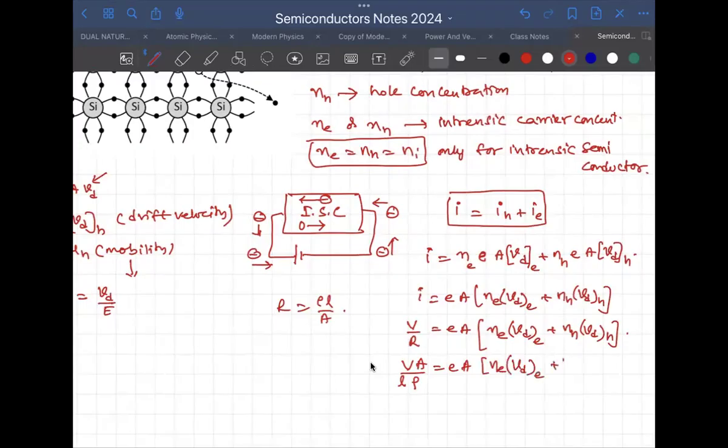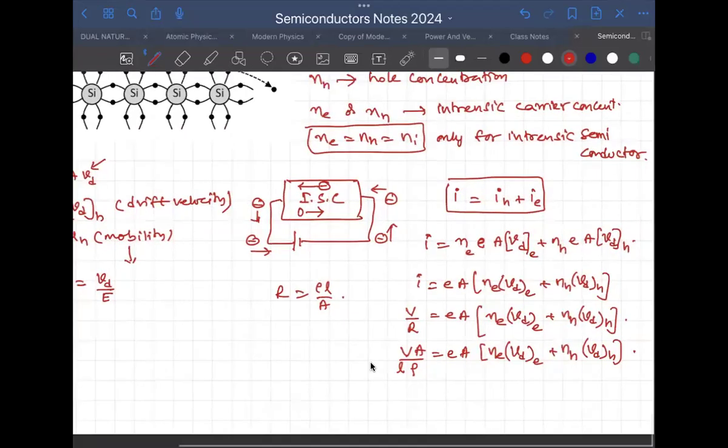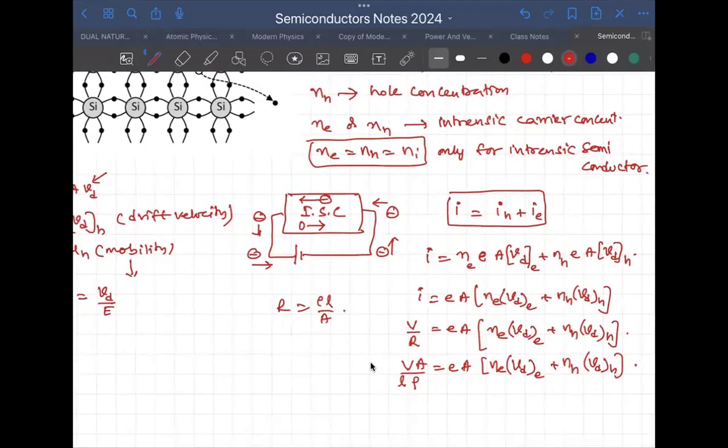N_e V_De plus N_h. So finally, A cancels. V by L refers to E, the potential drop per unit length. Reciprocal of resistivity is conductivity.